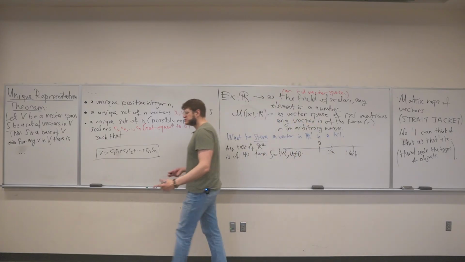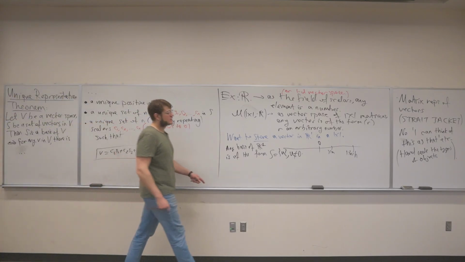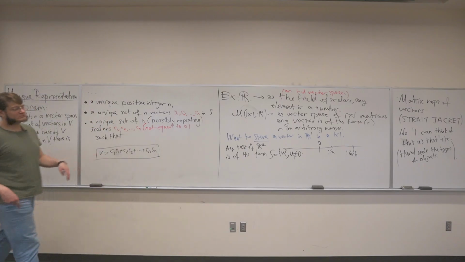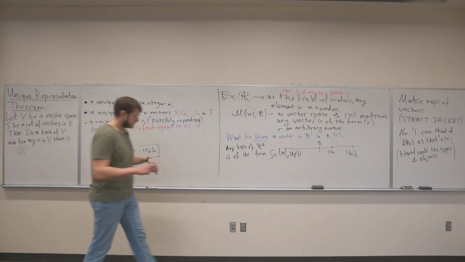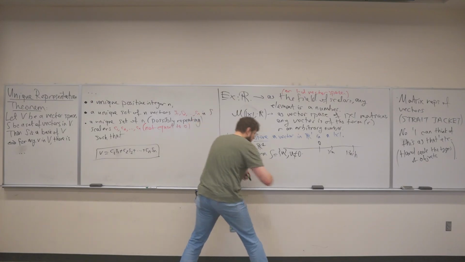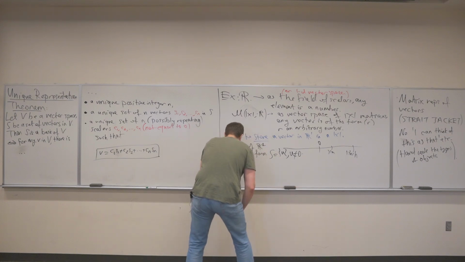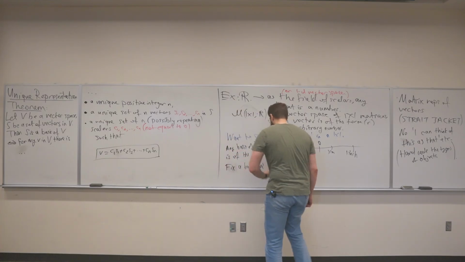For some other situation, you may want to choose your basis to be -1, right? Any number can be written as a linear combination of this specific U, for any U. Things are getting complicated. It's getting confusing, okay? So fix a basis.